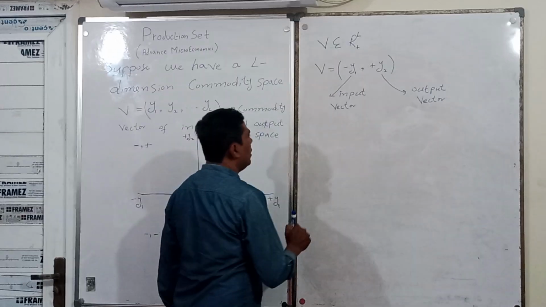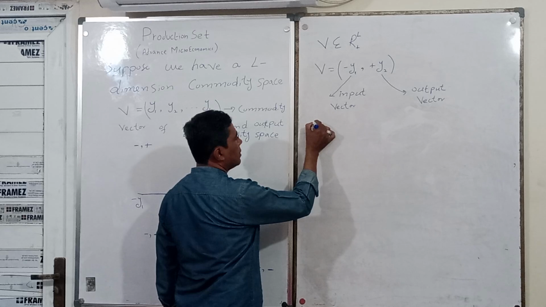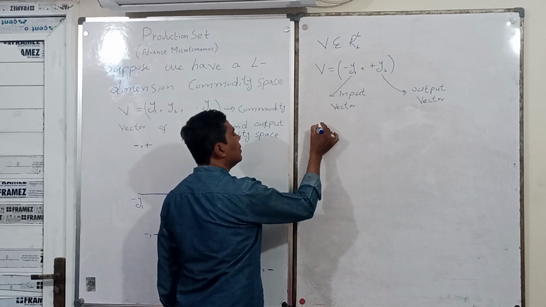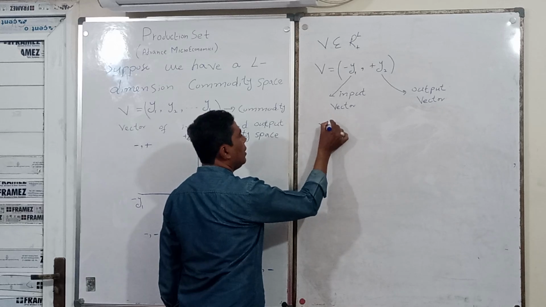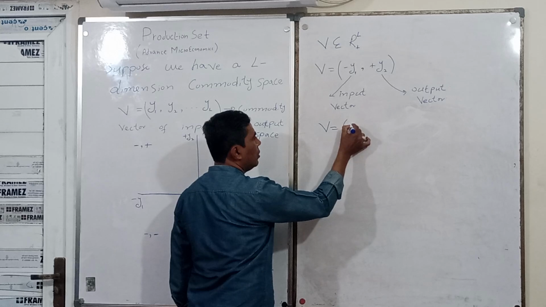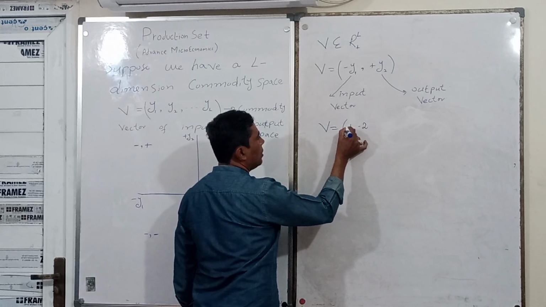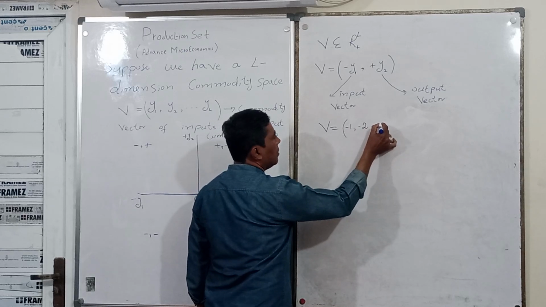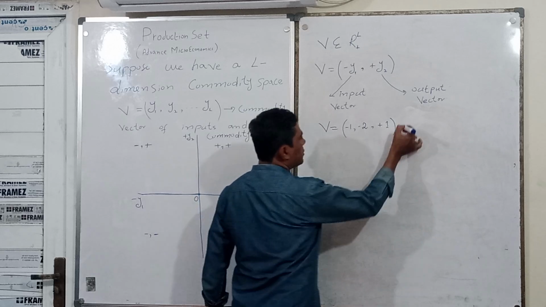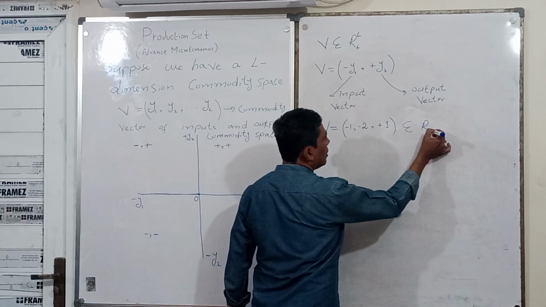Take another example in the form of numbers. V is a vector which consists of -1, -2, and +1, that belongs to the real numbers.